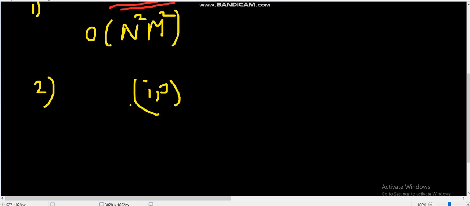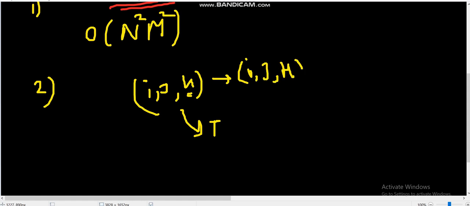So when we are at some cell i comma j, if we can reach the target from cell i comma j with health h, then for every value capital H greater than h it is also possible. If i comma j comma h is possible, then i comma j comma capital H is possible. This is our first critical observation.